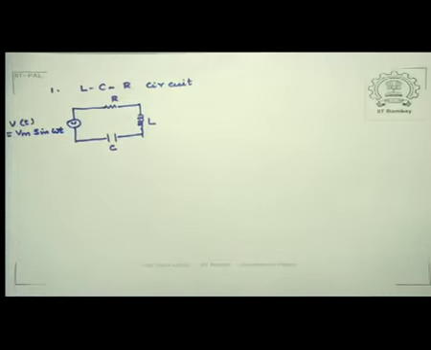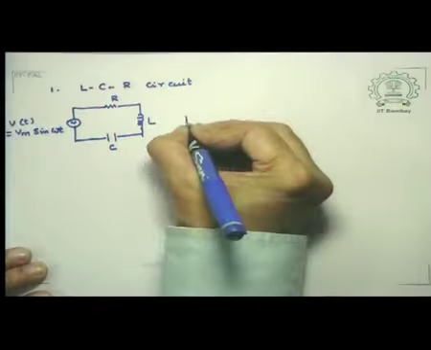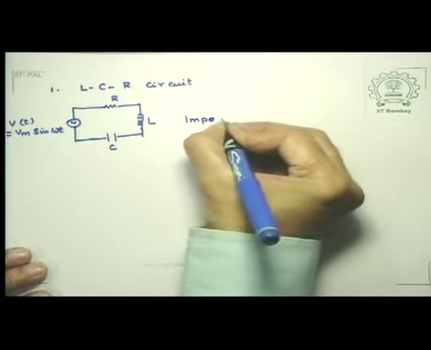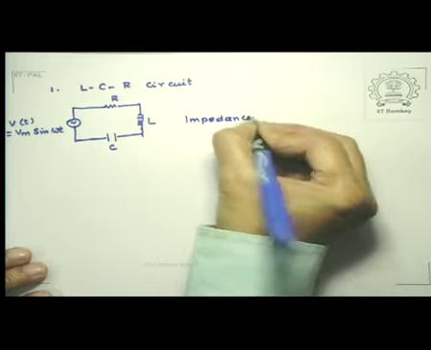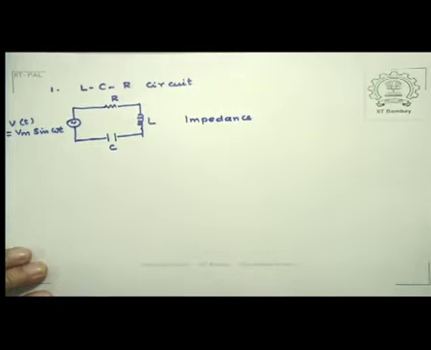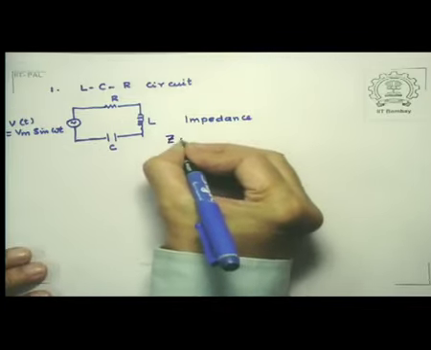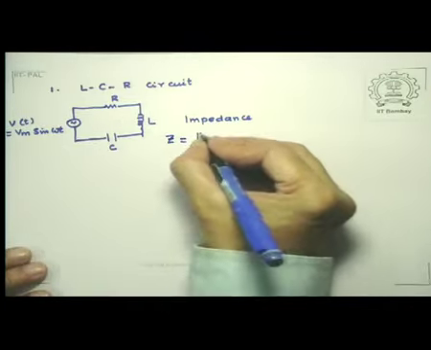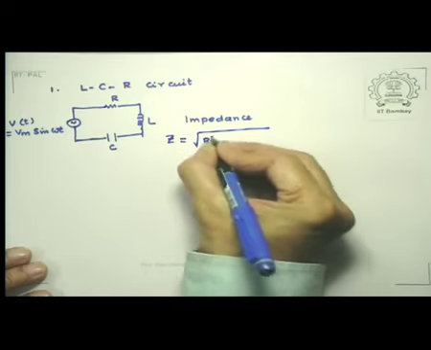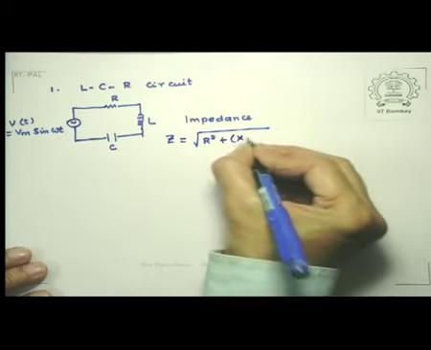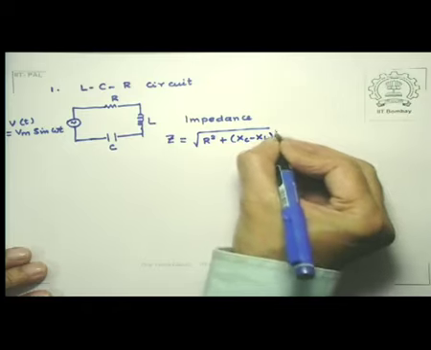So we had seen that what the role resistance played in DC circuits is defined to be impedance, which depends on the values of R, L and C and is usually denoted by Z, which is given by the square root of R square plus (Xc minus XL) whole square.